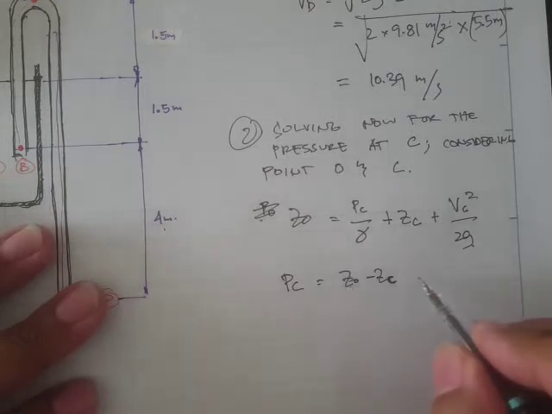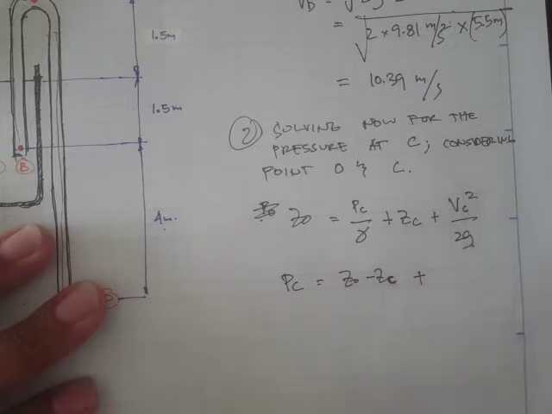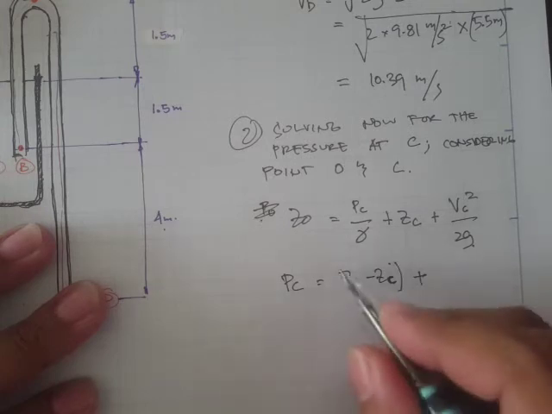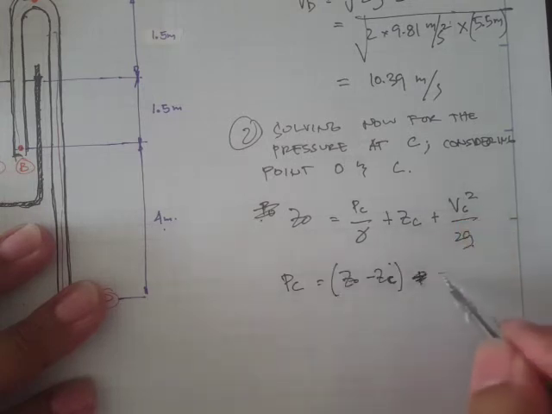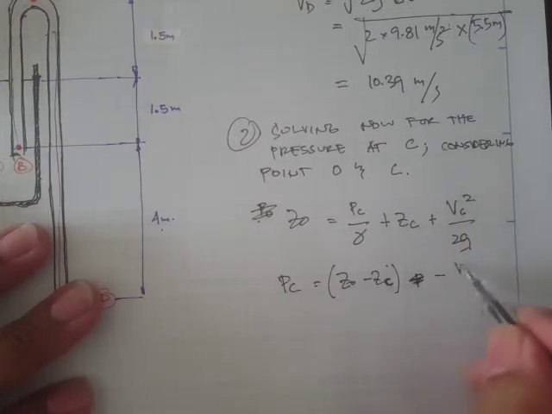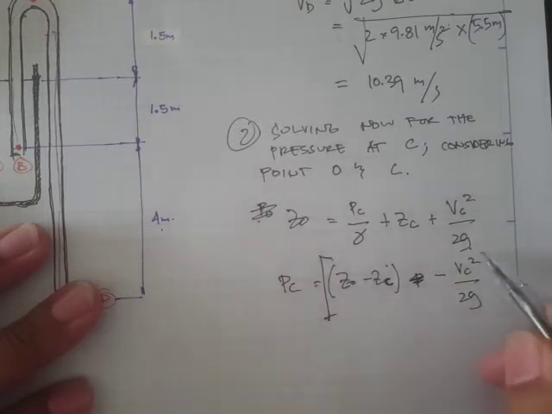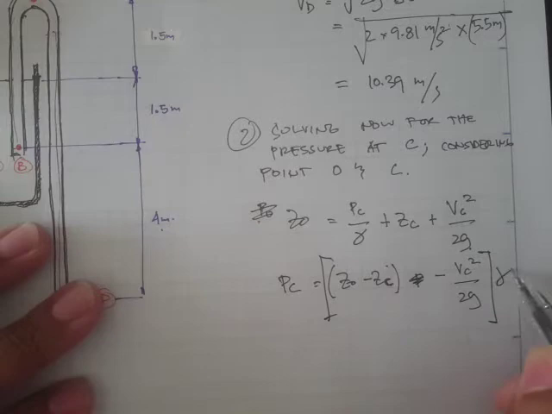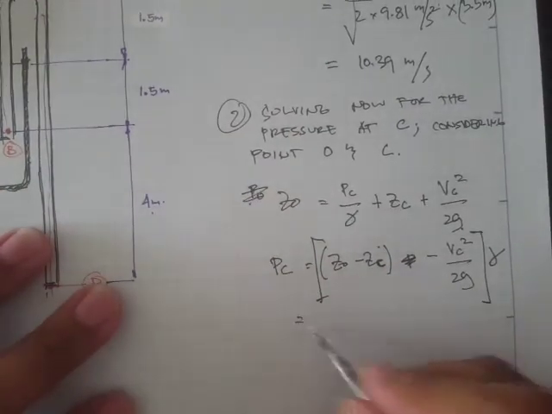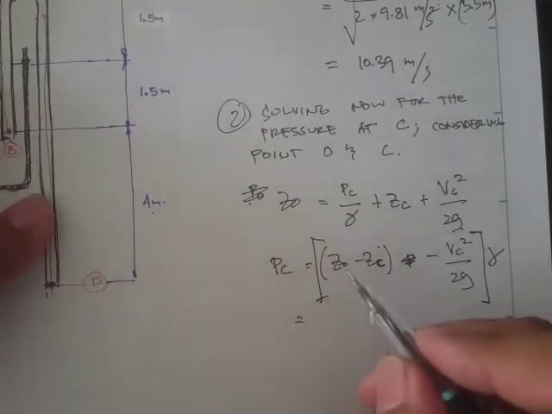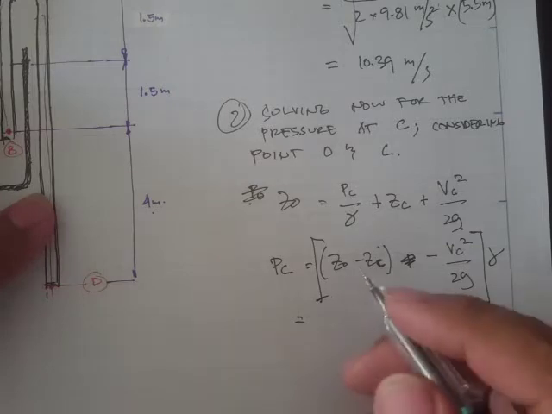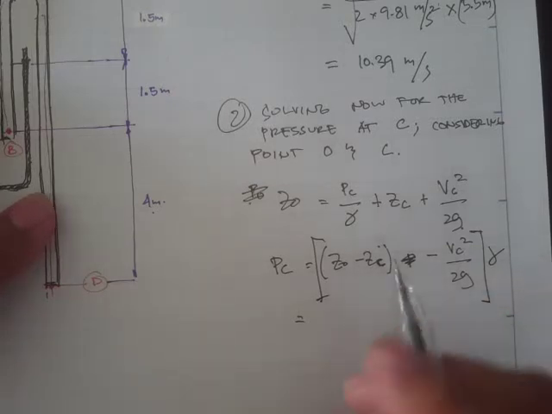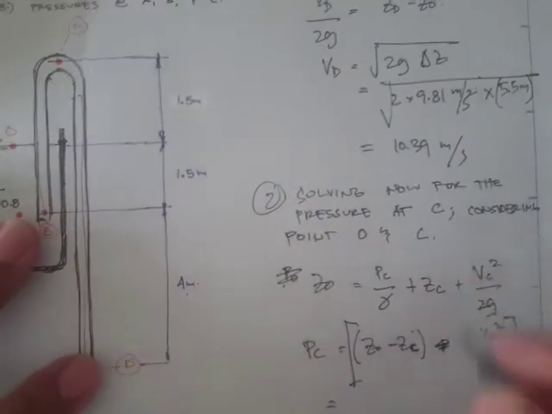Okay, plus, no, that's not plus. That should be minus, right? Minus V_C squared all over 2g, and then we multiply that by the unit weight. Okay, what is Z_O? So Z_O is, let's say this is our reference line.